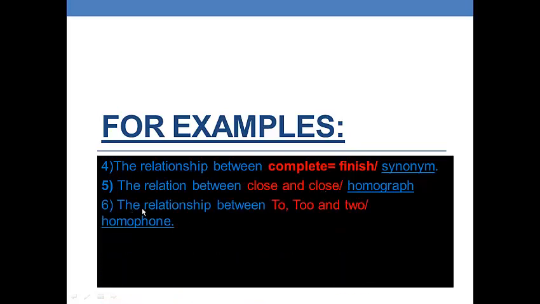Okay, and we're going to head to example number 6. I put the relationship between two, double O, and two, the number. That is the same sound, which in linguistics they call homophone. Homo means same, and phone means sound. So the words have the same sound, but different writing and different meaning.